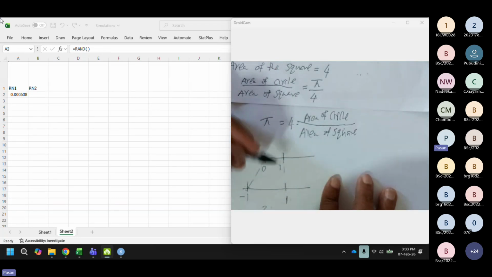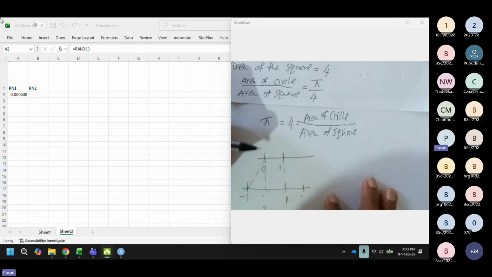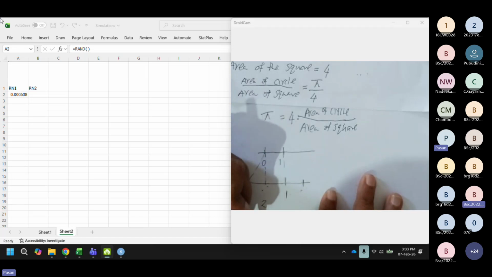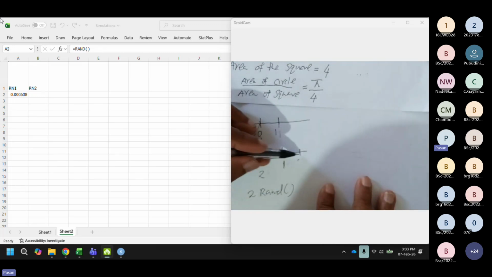But if you multiply by 2, then it is between 0 and 2.